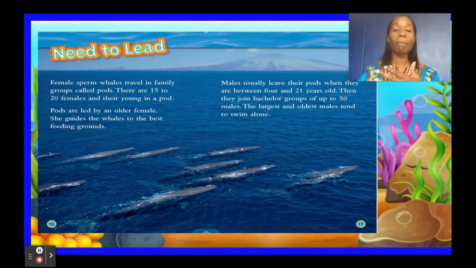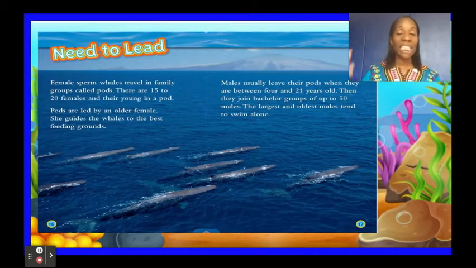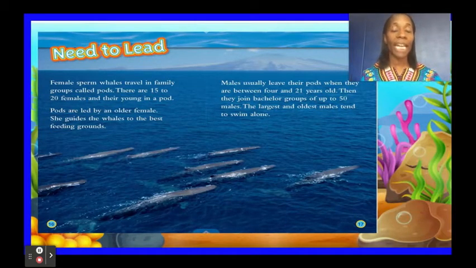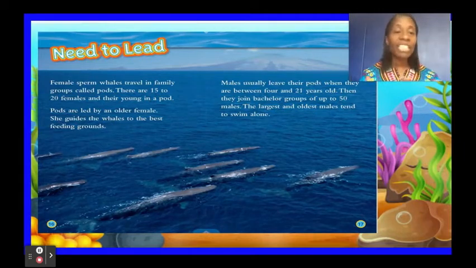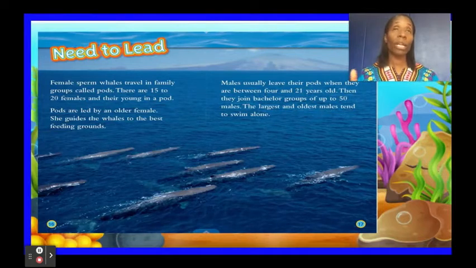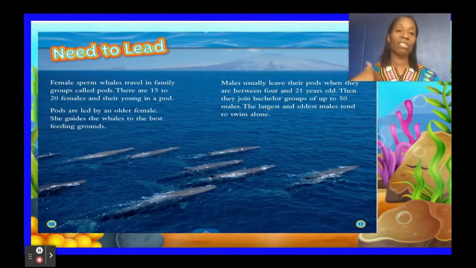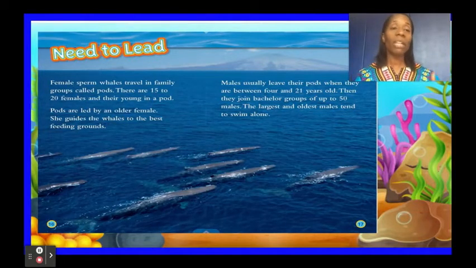The males usually leave the pod between the ages of 4 and 21. And the largest and the oldest male tend to swim alone. So who leads when we talk about our sperm whales? We know that the female whale leads and takes her family with her babies. And the older male usually tends to swim alone.